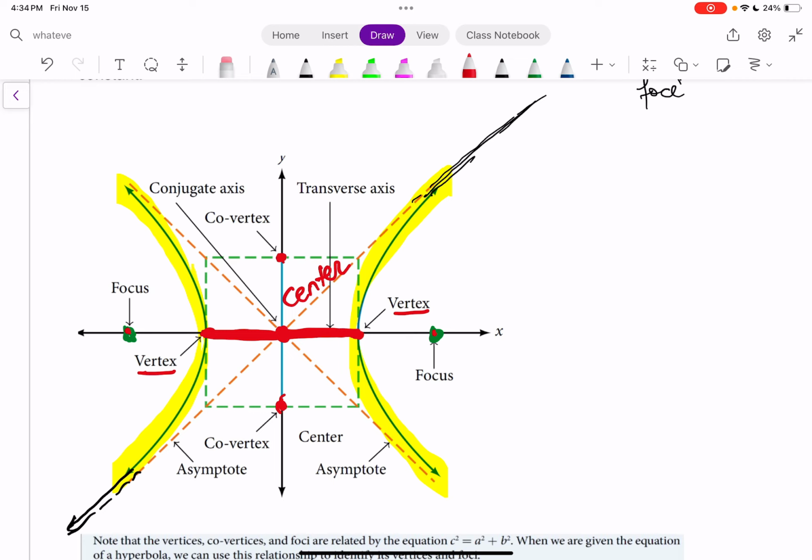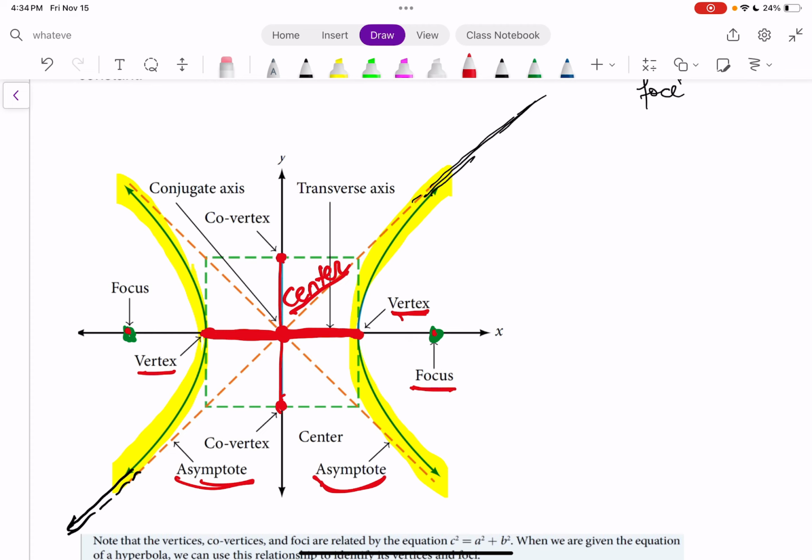And we have a conjugate axis, which is basically the equivalent of a minor axis for the ellipse. Now, you don't really need to know these names. I'm not going to say where's the transverse axis, where's the conjugate axis, but you definitely should be able to understand what the vertex of a hyperbola is, what the focus is, and what the center is. And we'll also talk about how to find these two asymptotes.